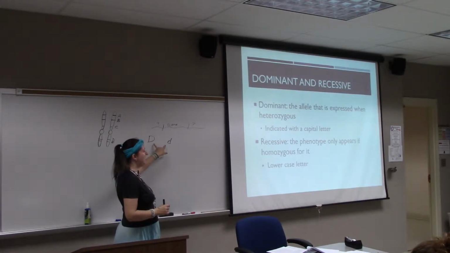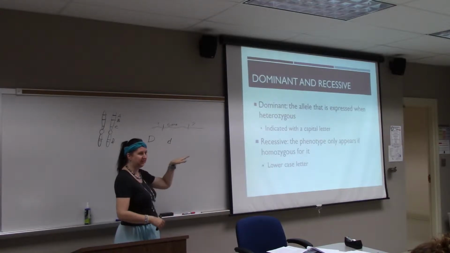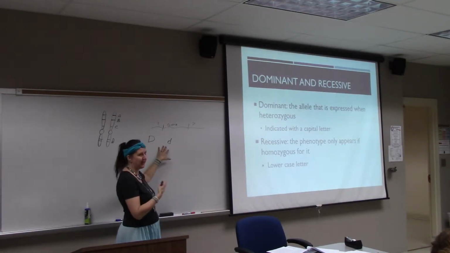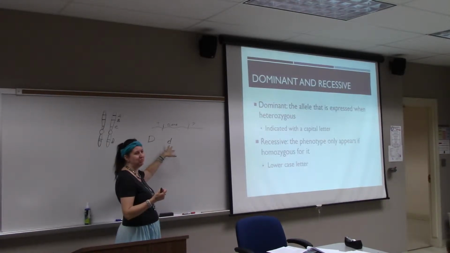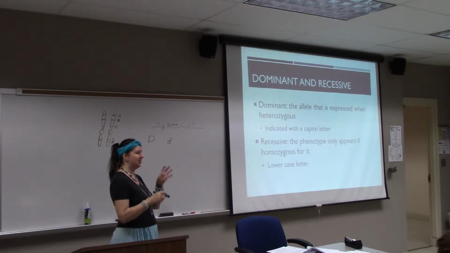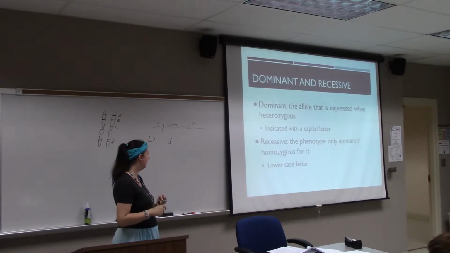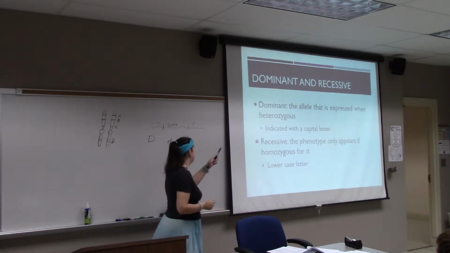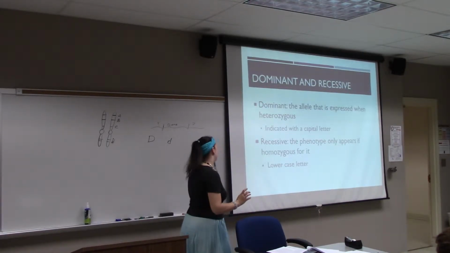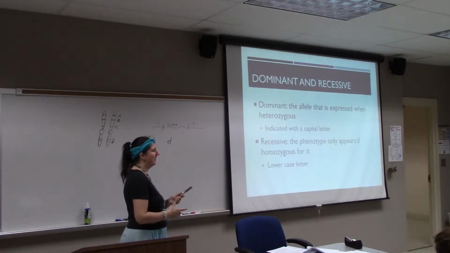We always use the same letter for a gene. If we have to be more specific than this, like if there's more than 2 variations, we might add a subscript or superscript to specify, or sometimes there'll be multiple letters. Recessive, the phenotype only appears if you are homozygous for it.